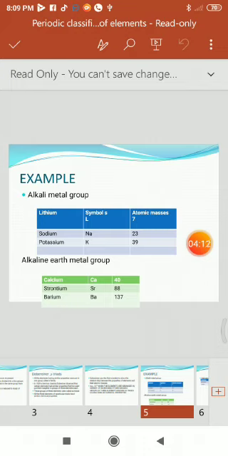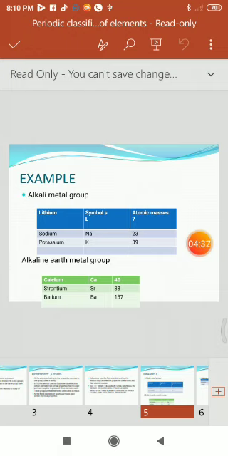So let's calculate from this table. The atomic mass of lithium is 7 and the atomic mass of potassium is 39. When we add 7 plus 39, we get 46, and when we divide 46 by 2, the result is 23.